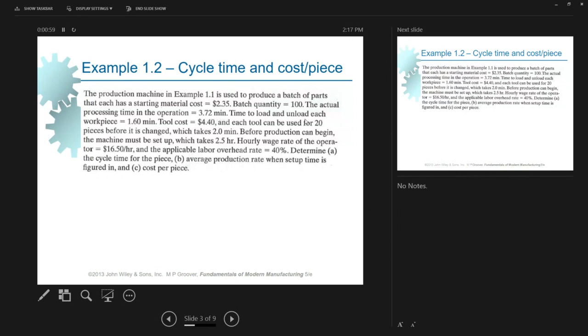The time to load and unload each workpiece on the machine is 1.6 minutes, and that is the handling time, TH. Tool cost, CT, is given and is equal to $4.4 for each cutting tool, and each tool can be used for 20 pieces before it is finished. So what it means is that for each part, we've got to divide this figure, the cost of the tooling.